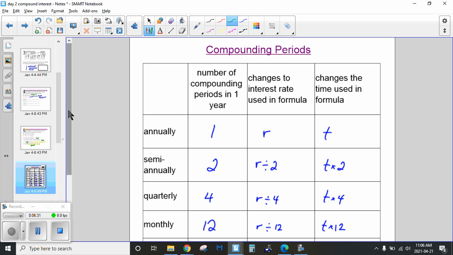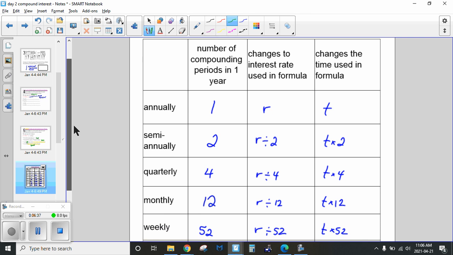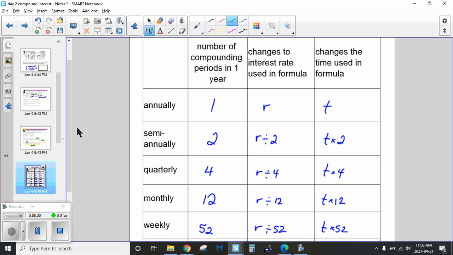So the definitions there talked about compounding periods. So here's a breakdown of what those are. I have here a chart that has the number of compounding periods in a year and changes that we're going to have to make to the interest rate and the time in the formula.